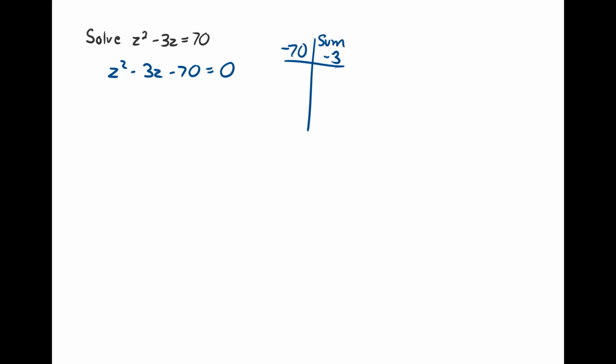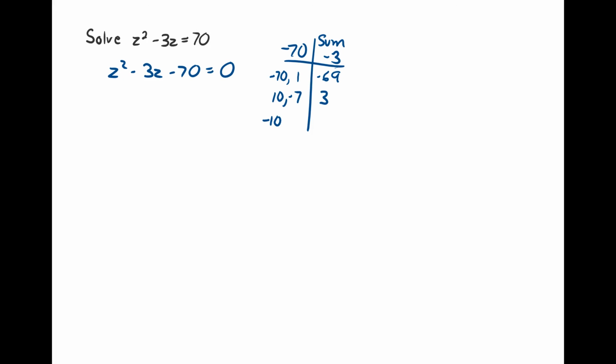Well, let's see, I have negative 70 and 1, so that would be negative 69. I'm not even going to worry about switching the negatives because that's way too big for our negative 3. Let's take it down a notch. What about 10 and 7? 10 and negative 7. Add those and you get positive 3.